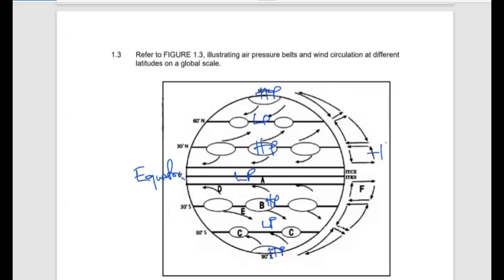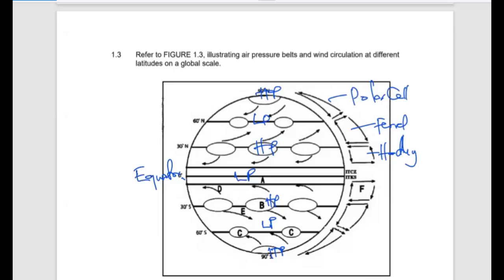We have this one here, called the Hadley cell, between the tropics and the subtropics. Then we have the Ferrel cell, and lastly the polar cell. Those are the three cells of circulation that result from the distribution of the pressure belts on the global scale.